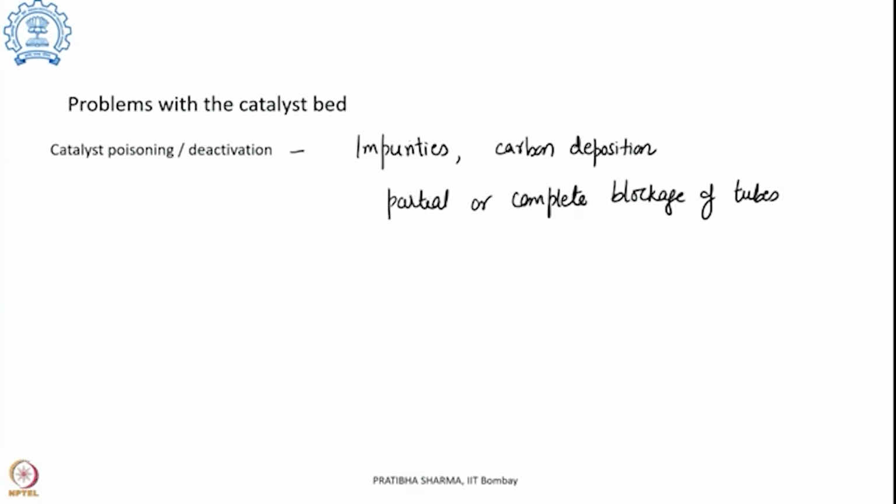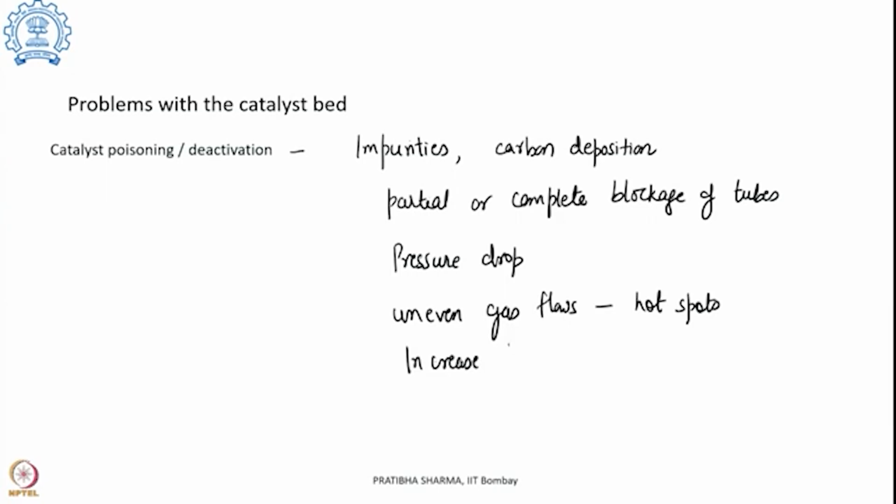and when it causes blockage of the tubes, there will be a pressure drop. Uneven gas flows will result, and that uneven gas flow can result in the formation of hot spots and can increase the tube wall temperature, which is highly undesirable.